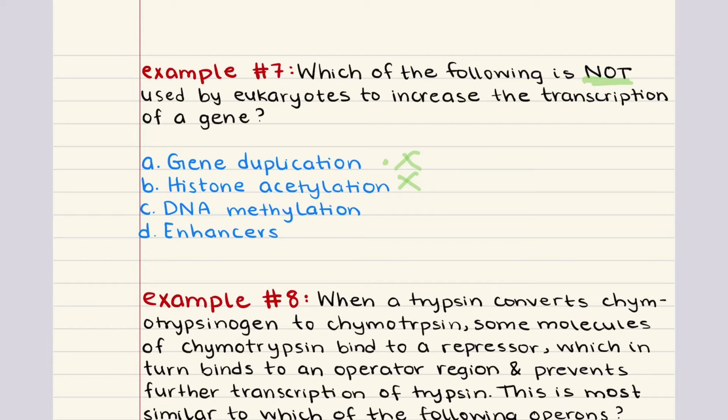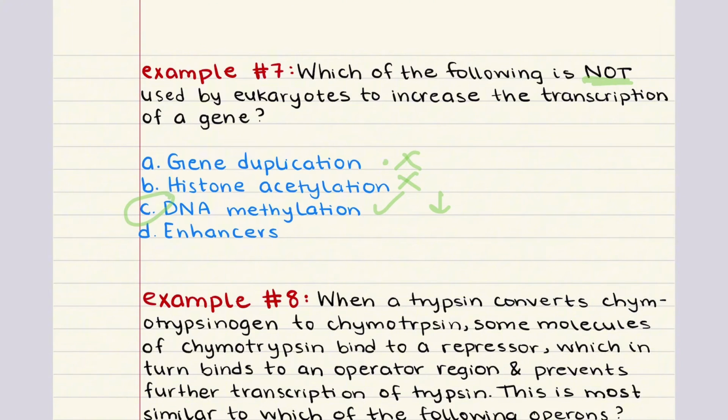C says DNA methylation. That's the correct answer. Methylation of DNA usually silences genes, so it makes the DNA less accessible by tightening up the chromatin structure, and that can also prevent transcription factors from binding. So this actually reduces gene expression, and that's why it's the correct answer. Let's still work through D. D says enhancers.